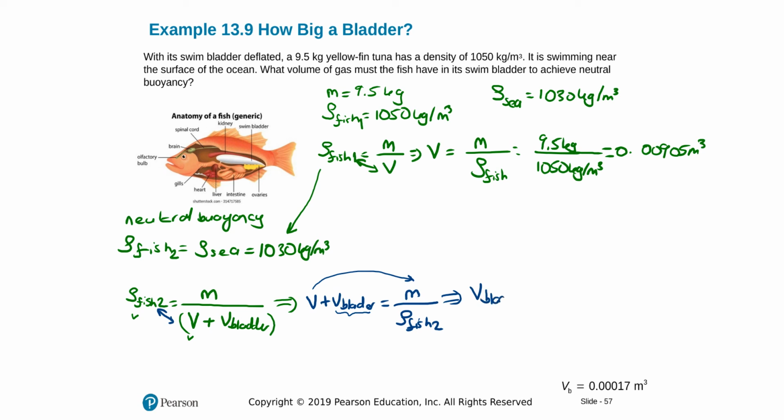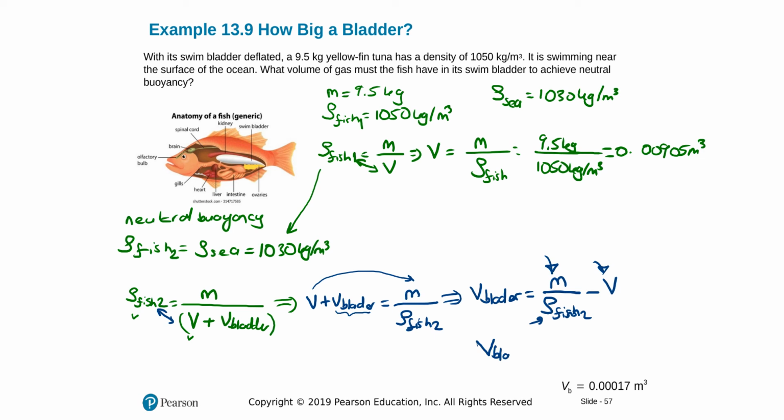V bladder is equal to mass of the fish divided by density of the fish in the second case, fish 2, minus V. Now I'm going to enter everything to solve for how much more bladder volume the fish should add, how much more gas it should add inside to change its density from 1050 to 1030, so it can freely swim in the ocean.